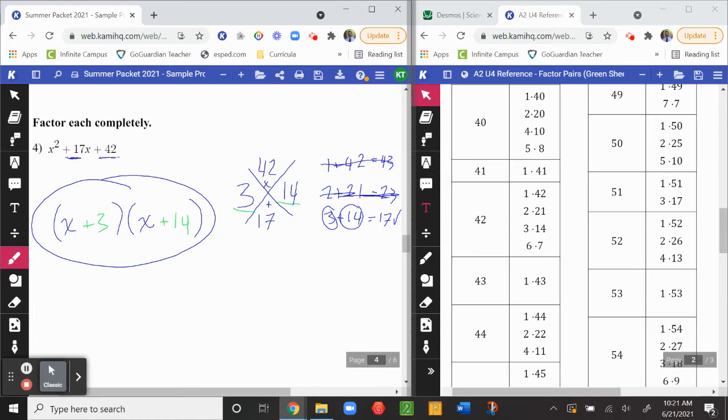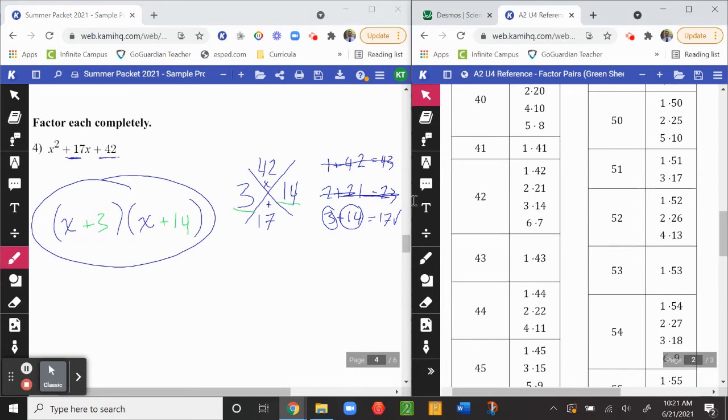So to recap, since I saw a quadratic trinomial with a leading coefficient of 1, I could just use my x game. Find the pair of numbers that multiply to the constant and combine to the linear coefficient.